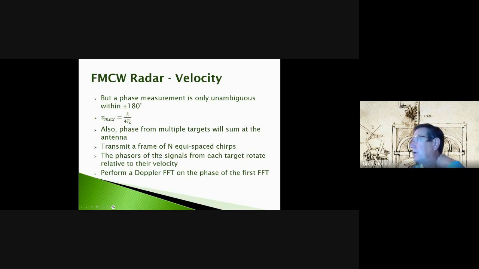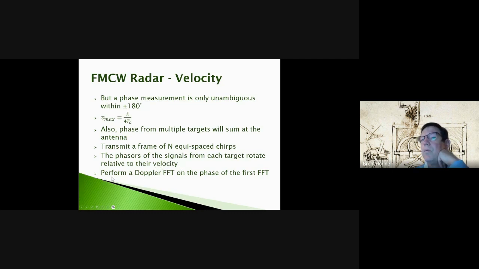Remember back to probably your second semester circuits class when you learned about phasors, right? It's going to be rotating at a certain rate through phase, and that phase rotation is essentially a frequency, right? So that's why we're using omega to represent these. The phasors of the signals from each target rotate relative to their velocity.